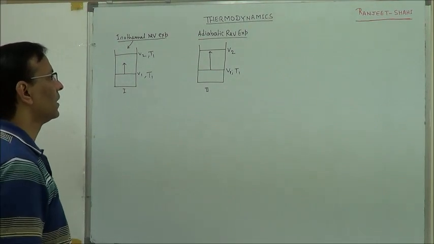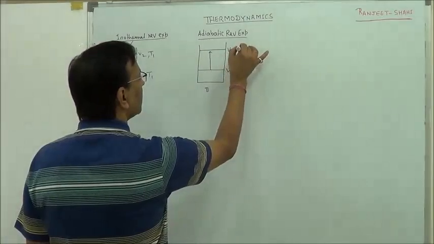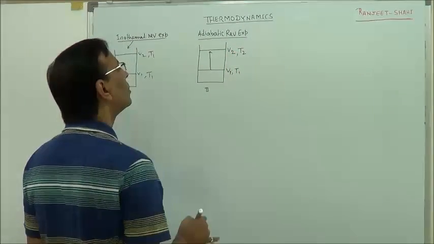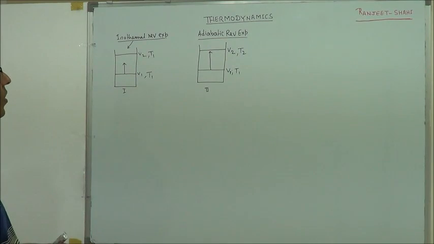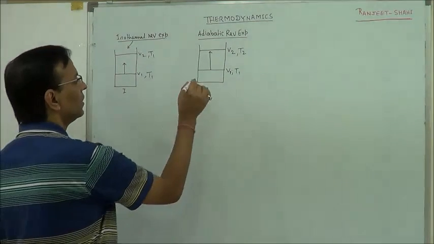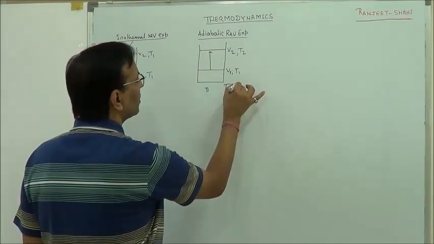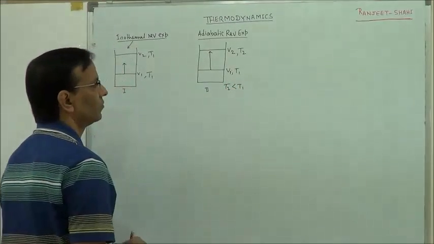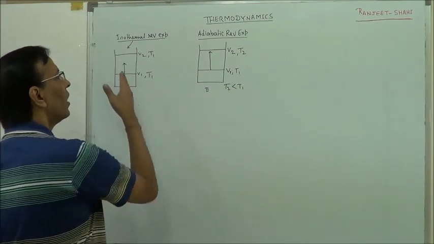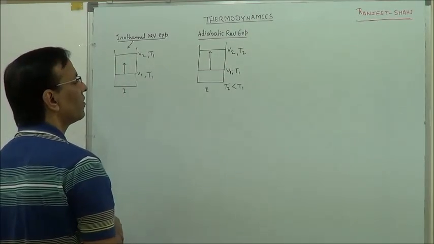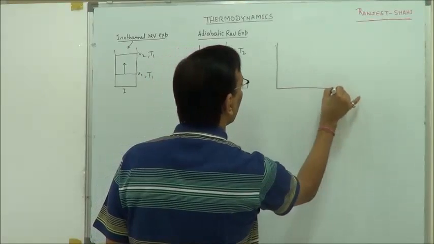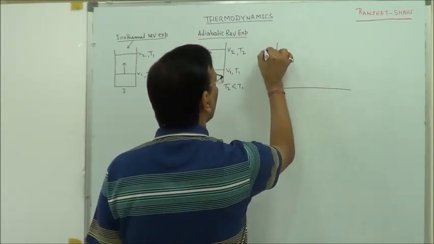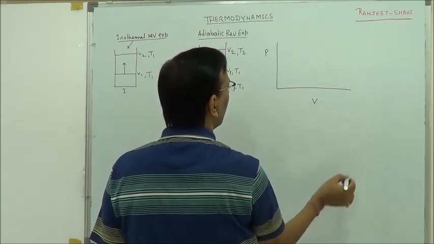Here temperature is T2, which is less than T1. If we draw a PV diagram for the first process, what we see here, we have pressure, volume.